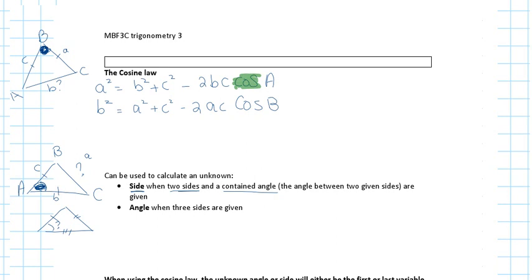Now what if I have this? What if they give me angle C? What two sides must they give me?